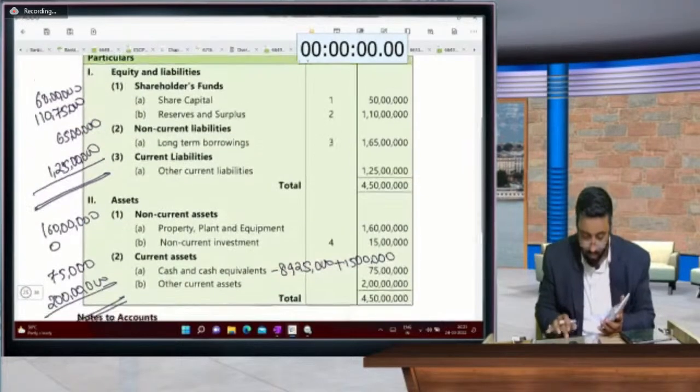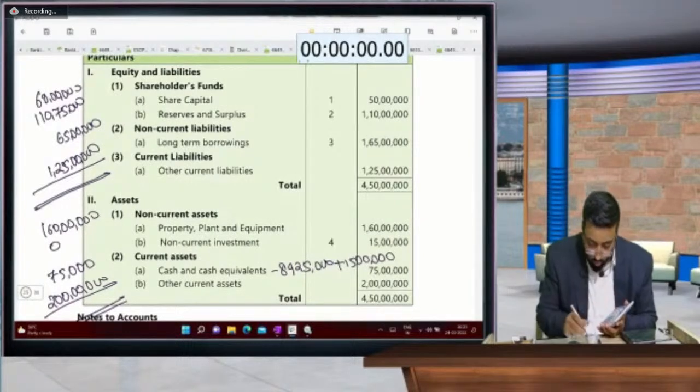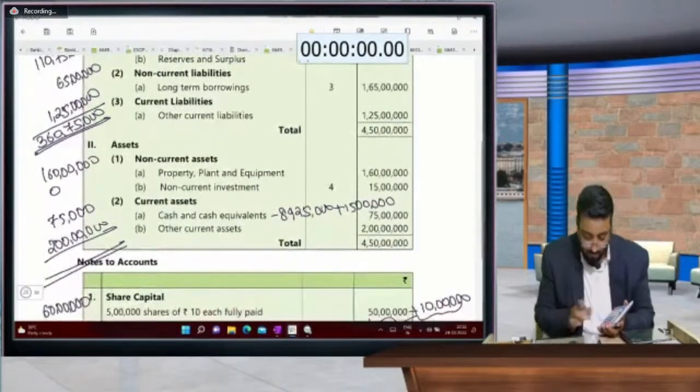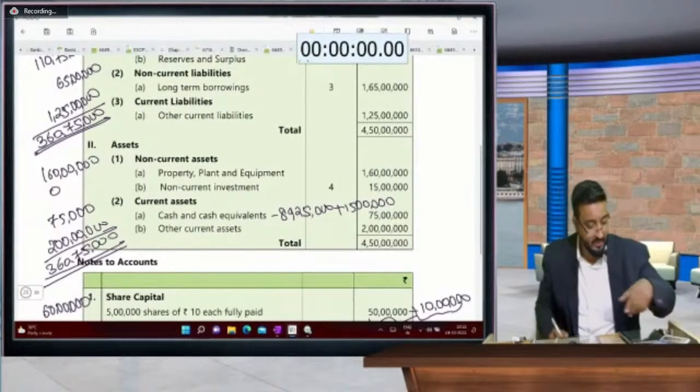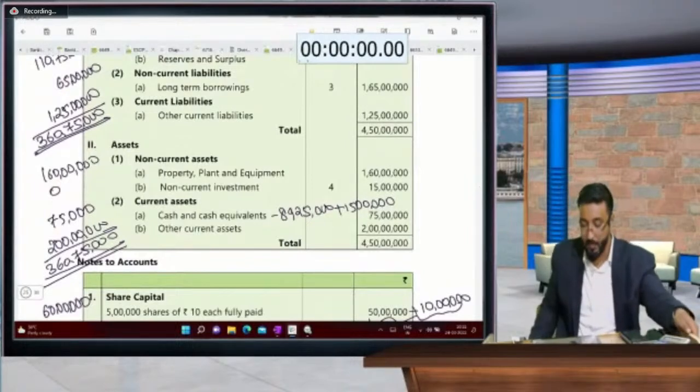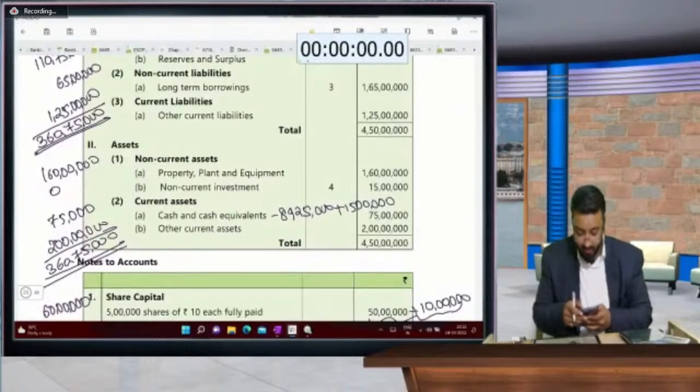So take a total: 11075 plus 6500 plus 12500. So total is 360. And let's see the total. Yes! 3,60,75,000. Update your balance sheet.